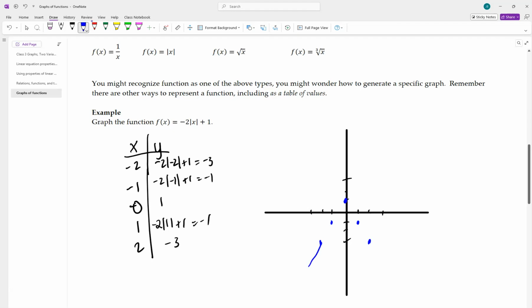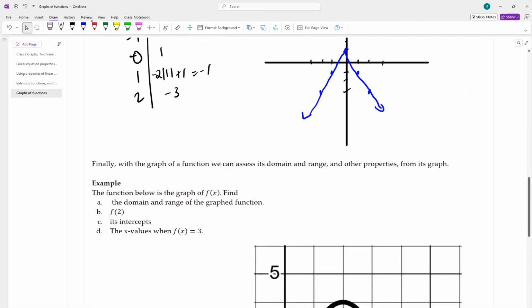And so my function is going to look something like this. If you ever start generating a table of values and doing it that way, that is always a valid method. And then also, as we look at the graphs now of more robust functions, we can identify other properties: domain, range, etc.